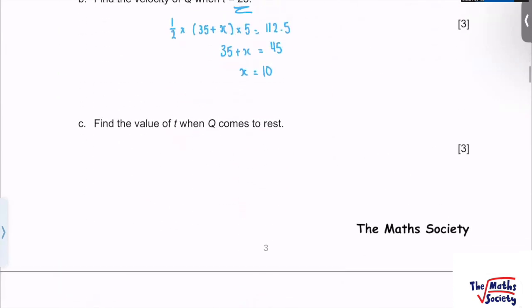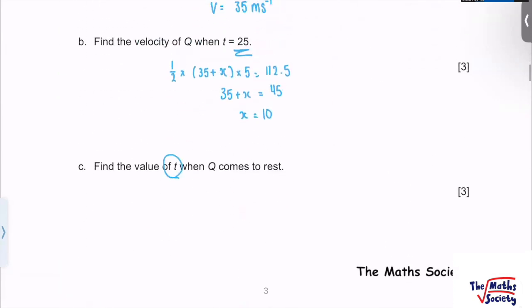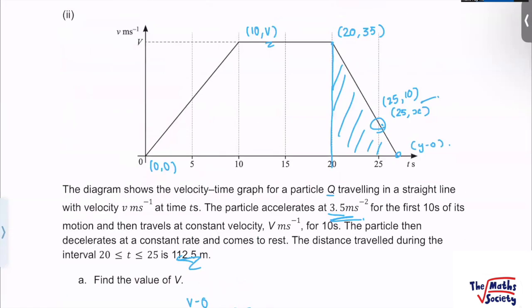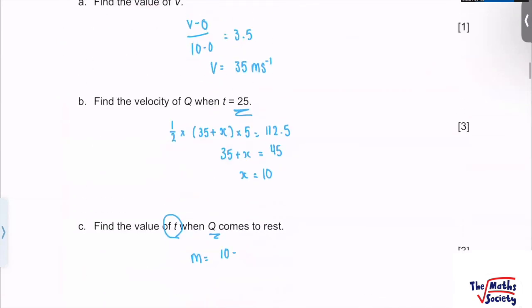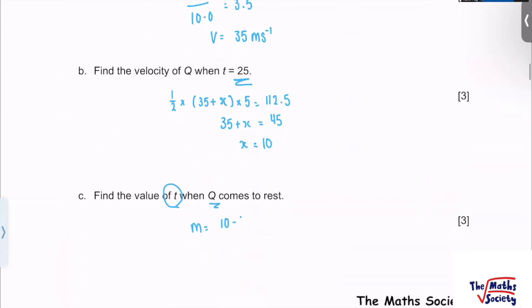And moving on to number C, it says to find the value of t when Q comes to rest. So we're going to find the gradient first. The gradient is 10 minus 35 over 25 minus 20, so that's going to give you an m of minus 5 meters per second.